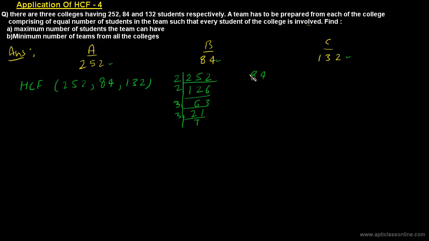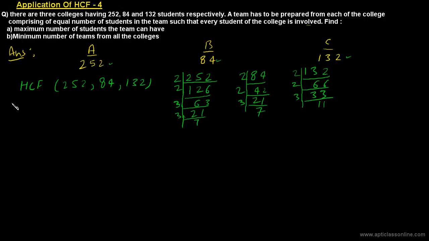For 84, by 2 that is 42, then by 2 we get 21, then by 3 we get 7. Then for 132, we will divide by 2 to get 66, then again by 2 we get 33, then by 3 we get 11.